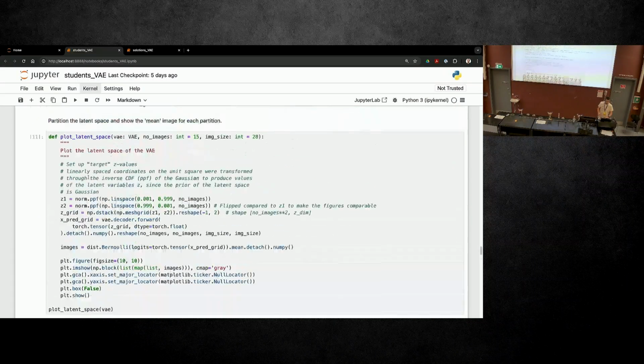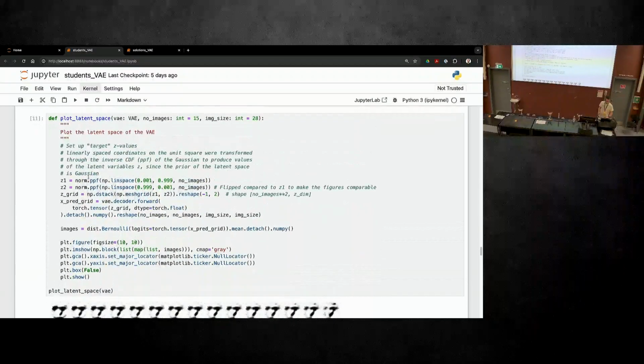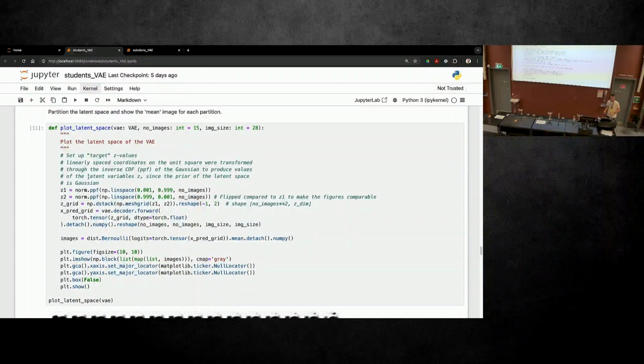We can also explore the latent space a bit more. What we are doing here is taking the 2 dimensions that define the latent space, dividing them up into unit squares, and then transforming back into latent space, ensuring that the regions from which we sample have equal probability mass.